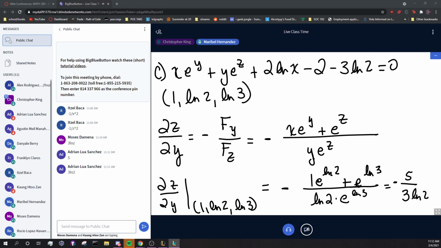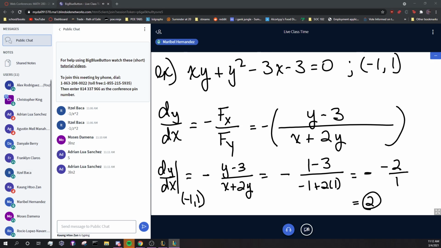I have a question. What do we use to find dy/dx, the derivative? Like if it's a partial derivative, I'm confused. Because the example says, use implicit differentiation to find dy/dx.